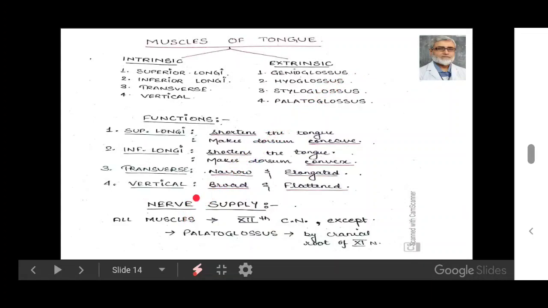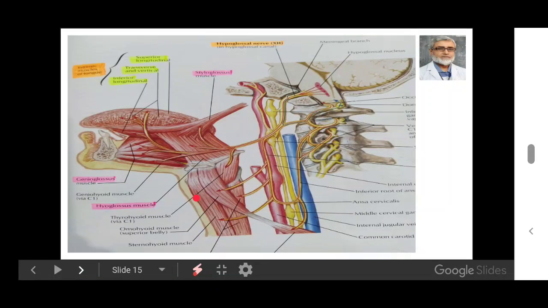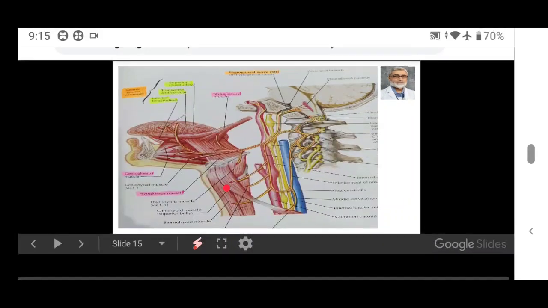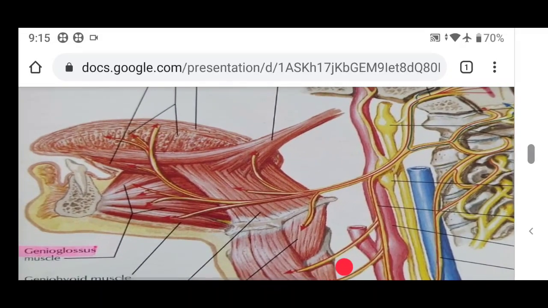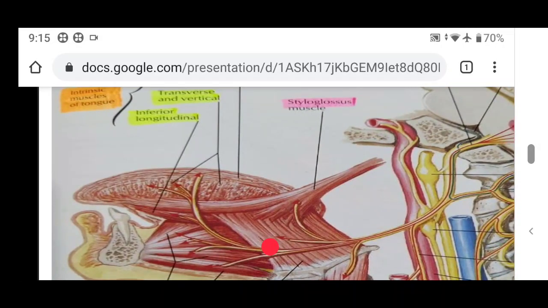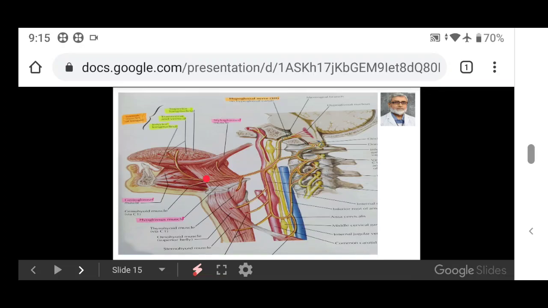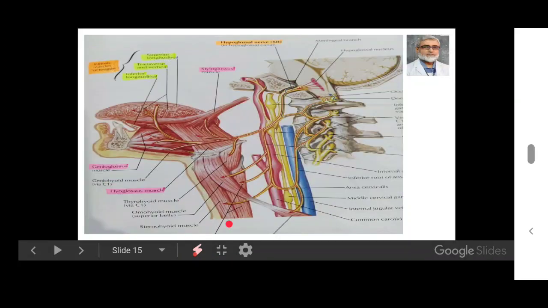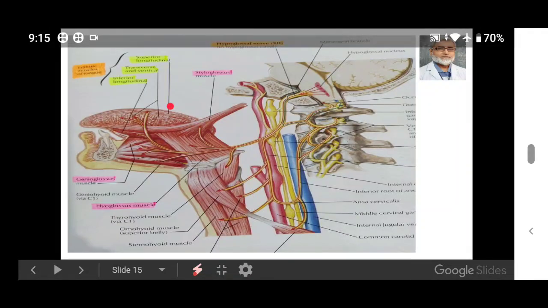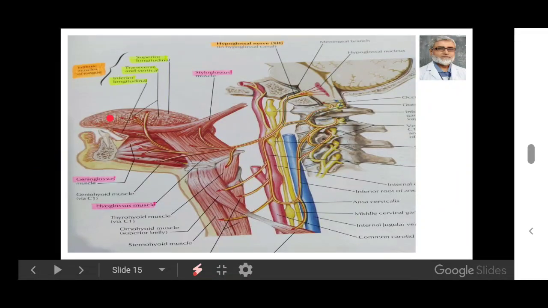You can see in the picture, observe, these are the superior longitudinal group of muscles, and the inferior longitudinal group of muscles.